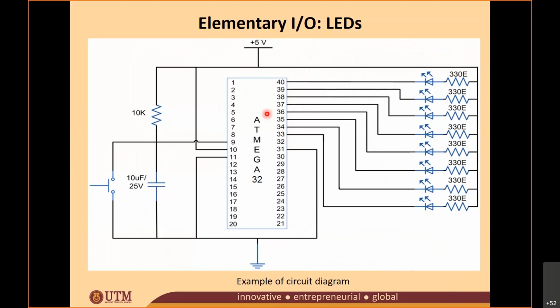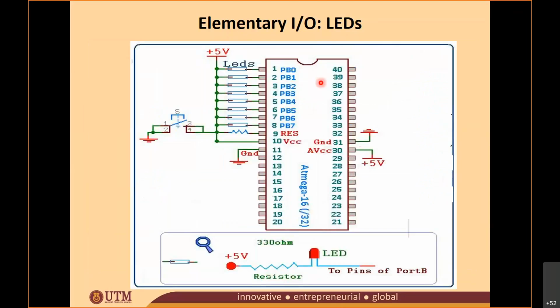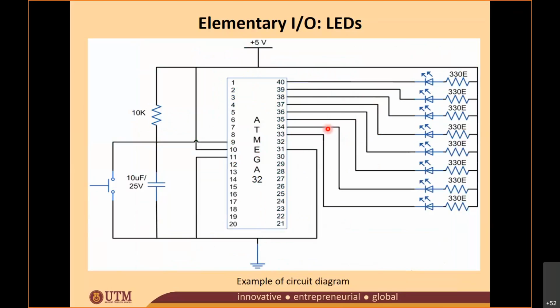If you refer back to your Atmega 32 pinout, this one belongs to port A. In order to use port A as an output port, you need to initialize your port A first, make it an output port, and after that you connect to your LEDs. Then give 0, and your LED will light up. If you give 1, the LED will turn off.